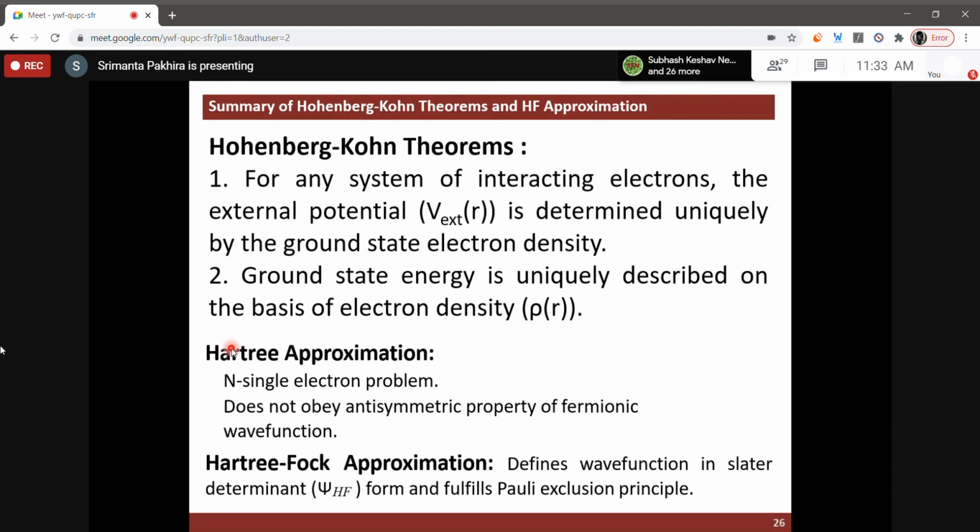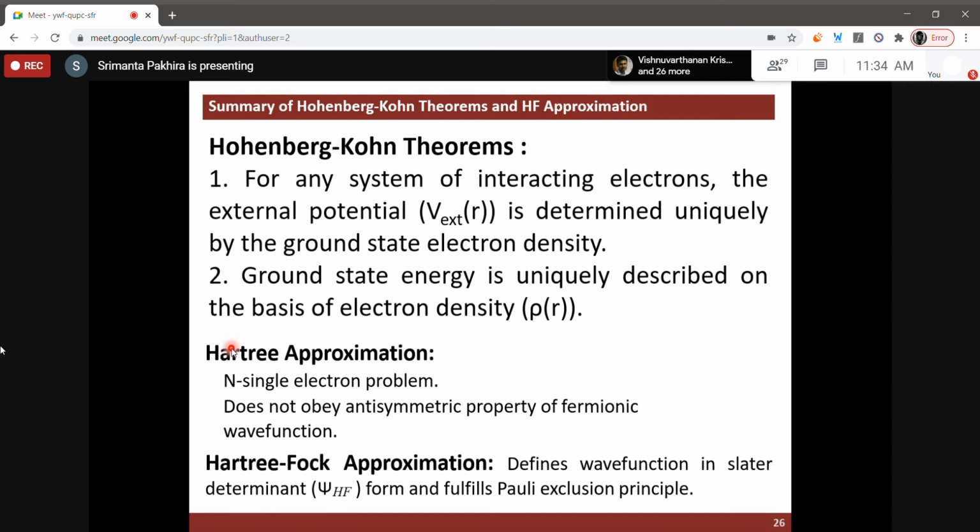And second, the ground state energy is uniquely described by a functional of rho(r). In our Hartree-Fock approximation, we have N single-electron problems, which do not obey the antisymmetry principle. That's why the Fock operator came, and Hartree-Fock introduced Pauli's exclusion principle and the Slater determinant, which defines the total wave function in determinant form and fulfills Pauli's exclusion principle.